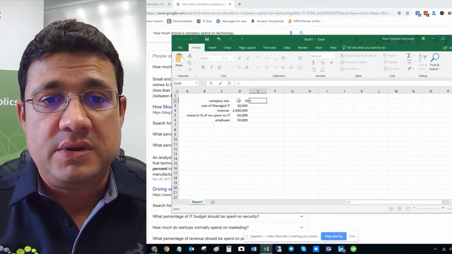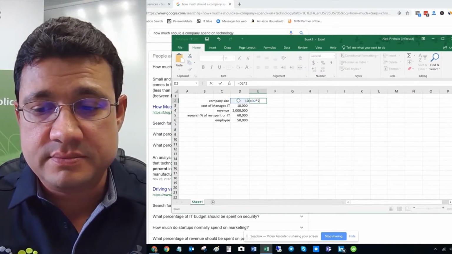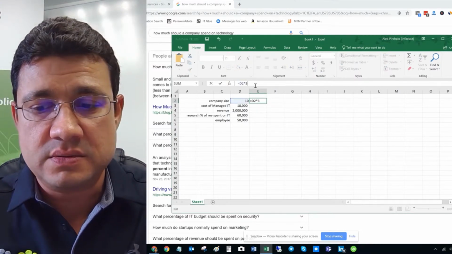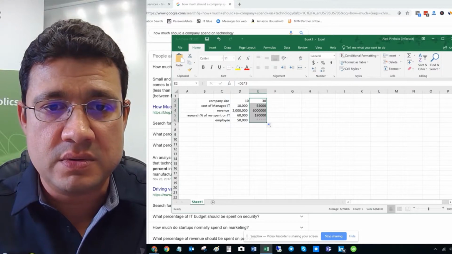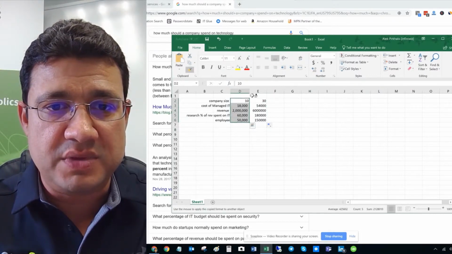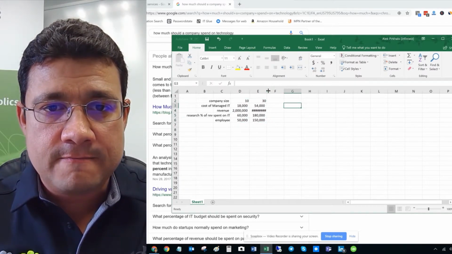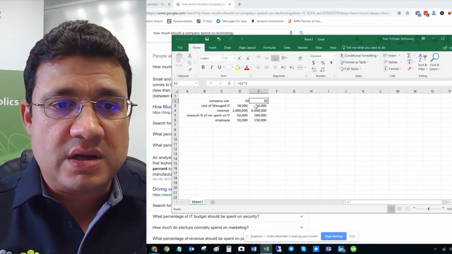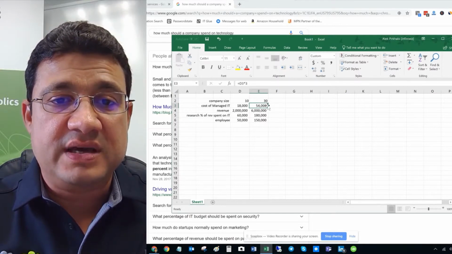Let's say you're 3 times of this size, which means all numbers will go up. And let's just copy formatting to make it easier to read. So that becomes a 30 people company. Cost of managed IT is about 54,000.